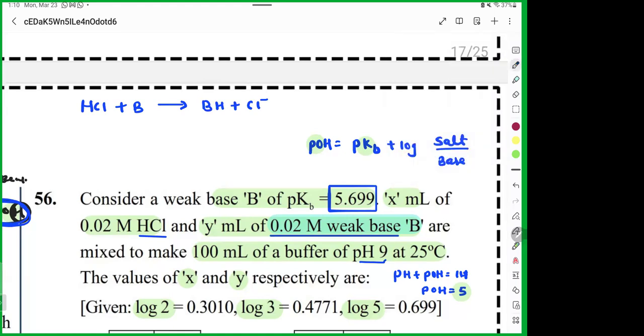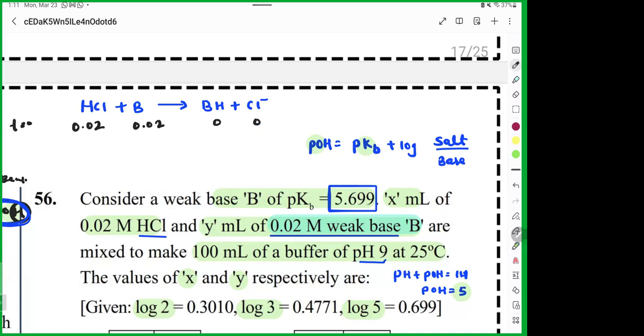Any doubt, Mridul? No, sir. So this is 0.02 molarity, just 0.02 molarity. This will be 0. Normal reaction at time t0, when no product is formed.